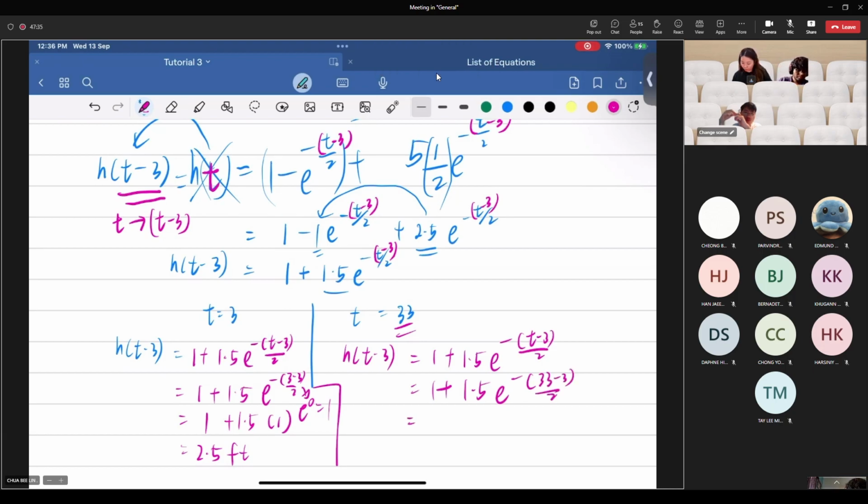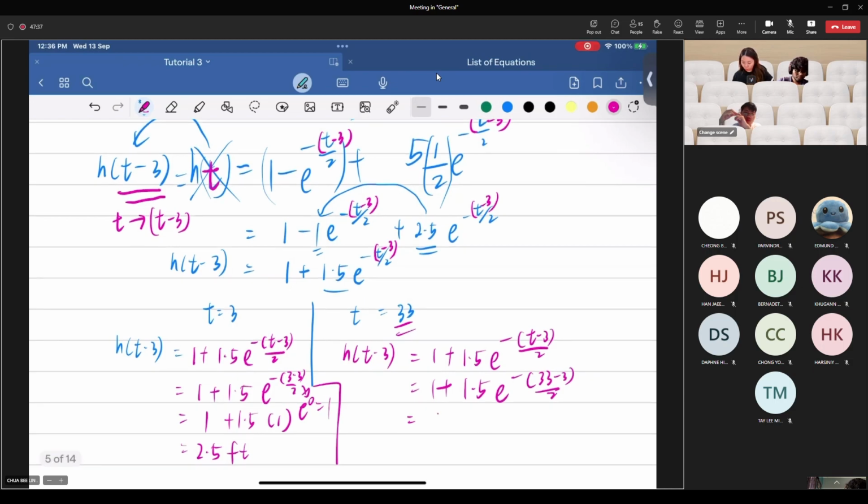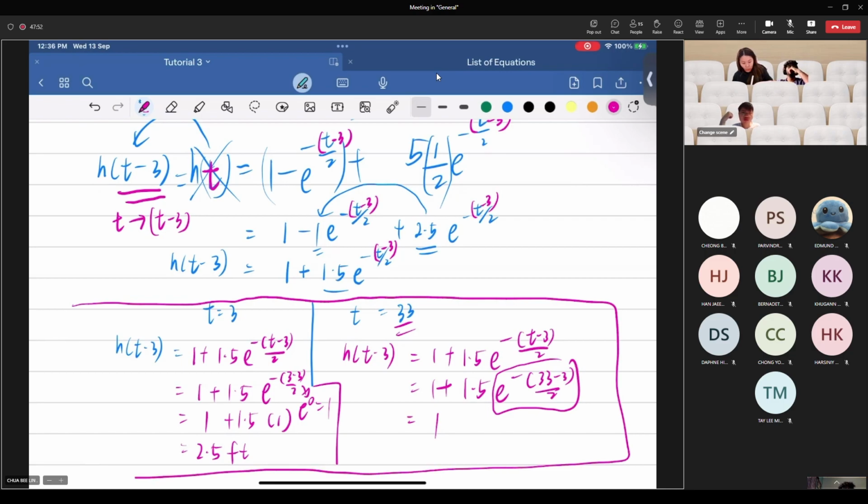Use your calculator, this will give you a very big number in the exponent, so e to that is 0 and the answer is 1. So you solve using only 2 points if the function is exponential. Then you continue to plot this on the same graph.